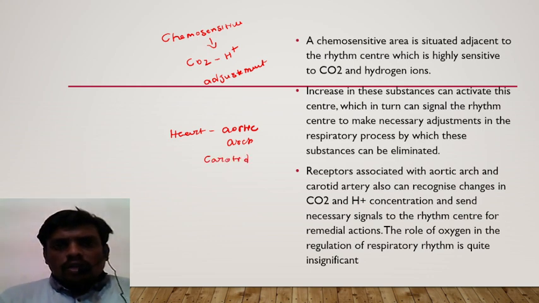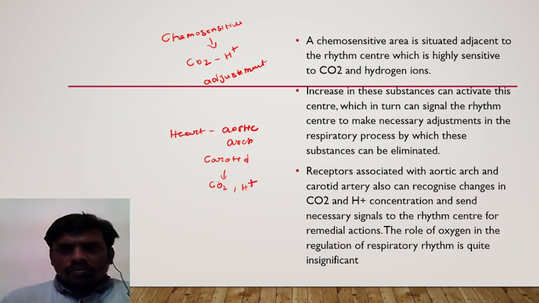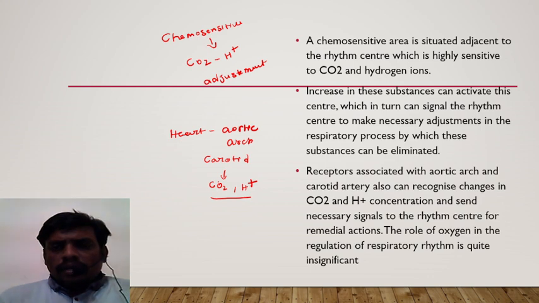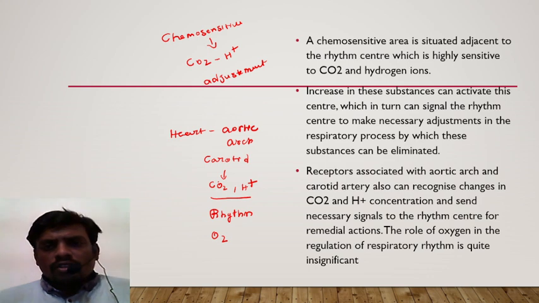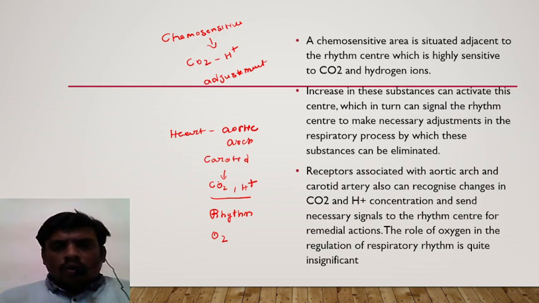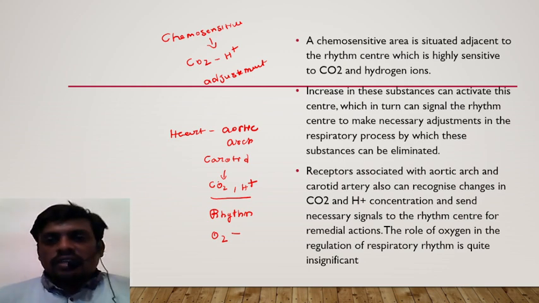They also recognize changes in CO2 and H plus ion concentration, and by recognizing these concentrations, they send the necessary signals to the rhythm centers for remedial action. The role of oxygen in the regulation of the respiratory rhythm center is quite insignificant.